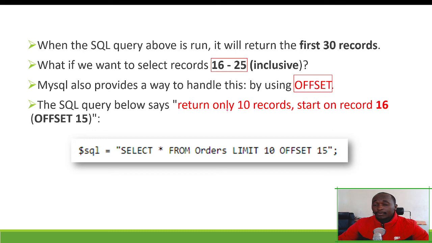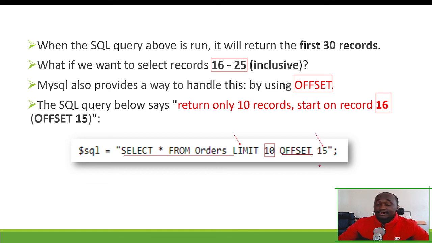In this example, we want to return 10 records starting from record number 16. So we do SELECT from orders, LIMIT 10, because we just want 10 records, but start from, that is what OFFSET really means.